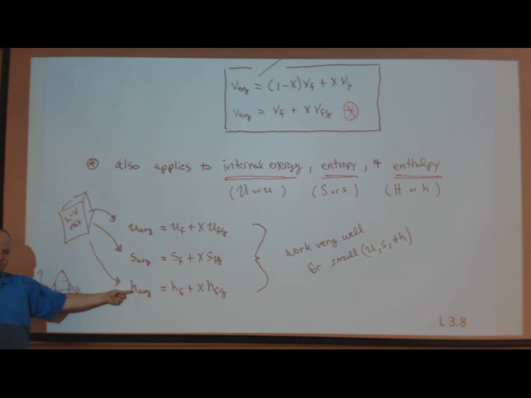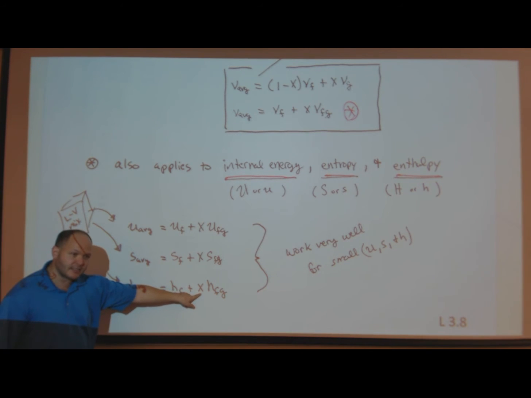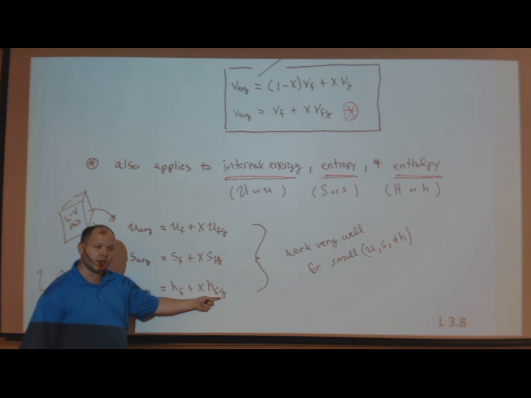So enthalpy, the average enthalpy within my control volume, which is a liquid vapor mixture. If I'm 90% vapor, then I look up this value here, right?